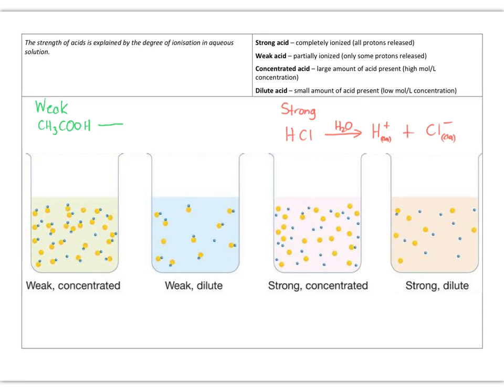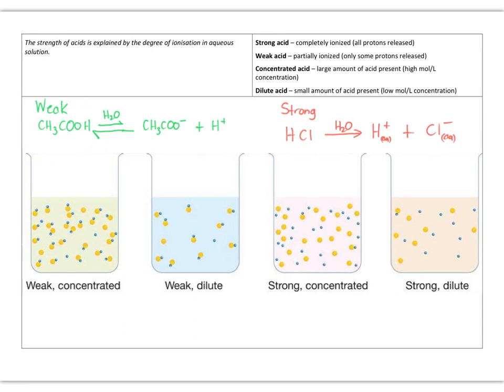But when this reaction happens, actually I'll write that slightly differently, and you'll see why I'm doing this in a moment. When we put that into water, basically some of it will break apart to give the acetate ion and the hydrogen ion, but most of it will stay connected.